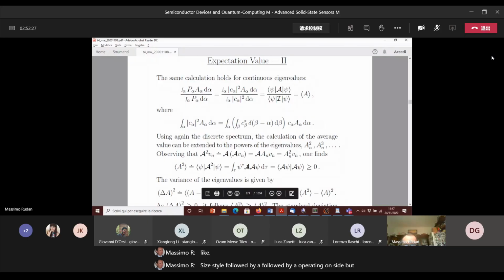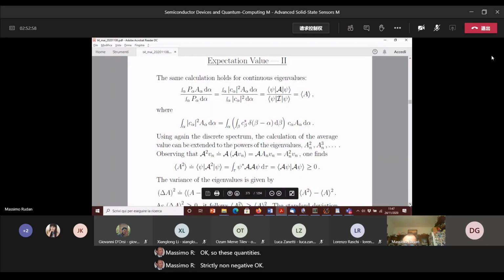But A is Hermitian, so the first A can be brought to the left. So we obtain A psi scalar product A psi, which is obviously the square modulus of A psi. So it is something that is non-negative. This quantity is strictly non-negative.